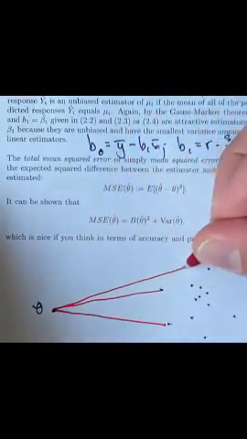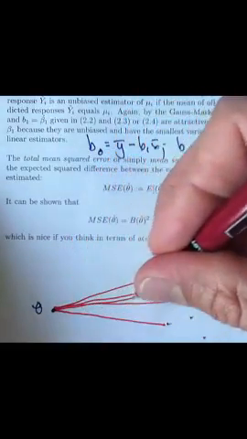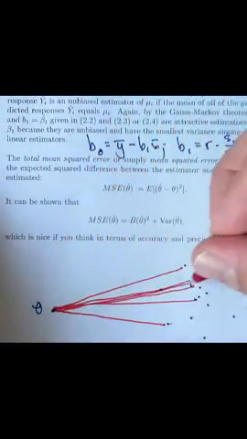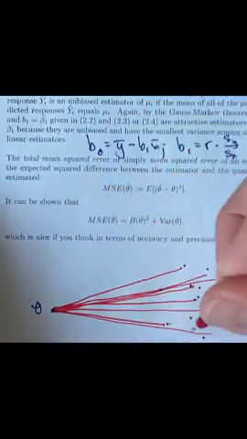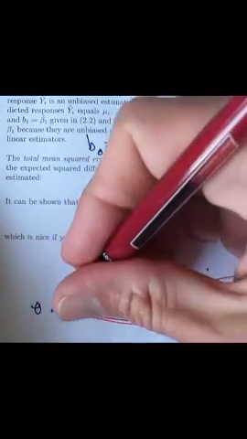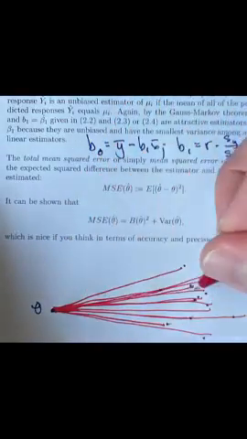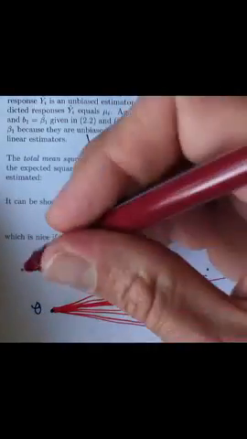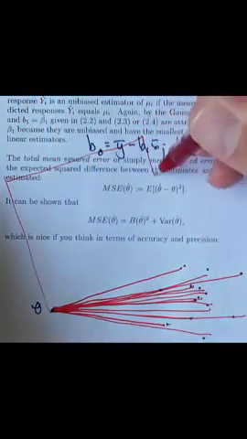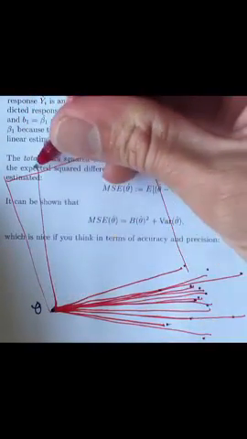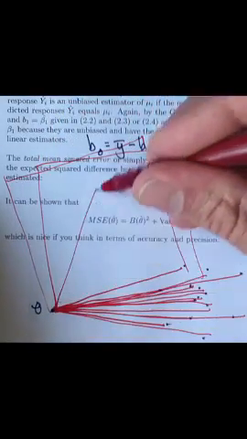If I did this over and over a million, billion, trillion times and found all these deviations, and then squared them and averaged them, see how messy this is going to get? If I square all of those and average them, that gets me the mean square error. It's some sort of measurement of overall variation off of what we're trying to estimate.